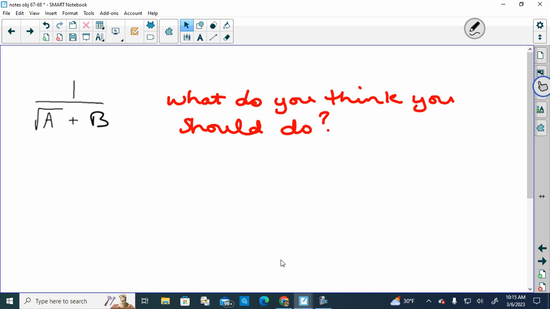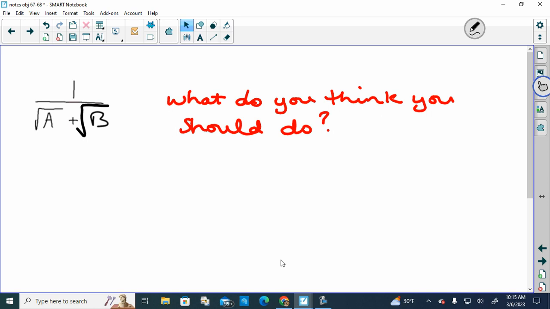You don't have to write the red if you want, just the 1 over. Okay, even if I had this, what do you think you do in order to get rid of it?